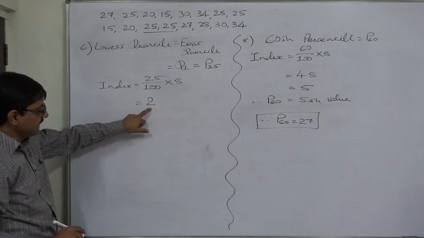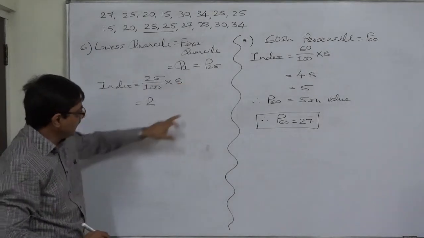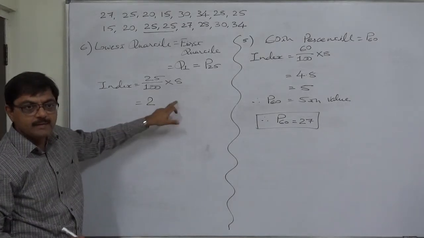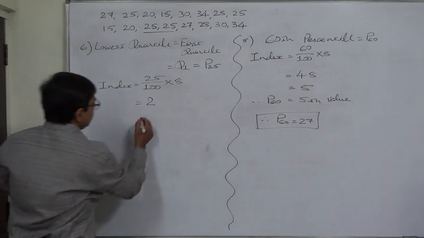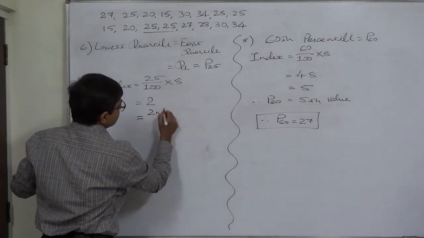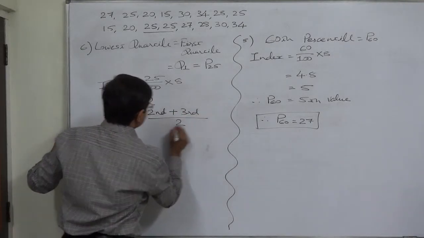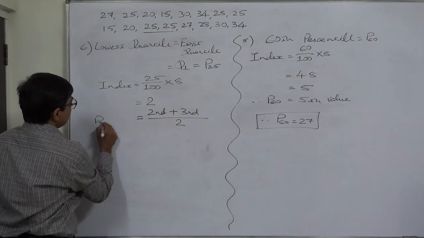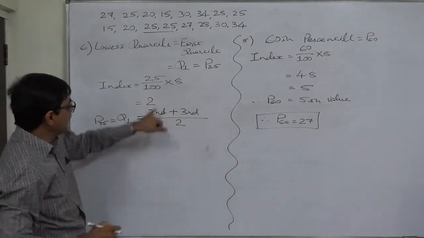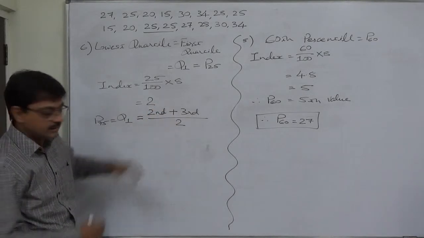Where the index is an integer, the quartile or percentile of our interest is the mean of the ith value and the (i plus 1)th value. So in this case we have to find the mean of the second value and the third value. Whenever we find an index as an integer value, we have to follow this rule.